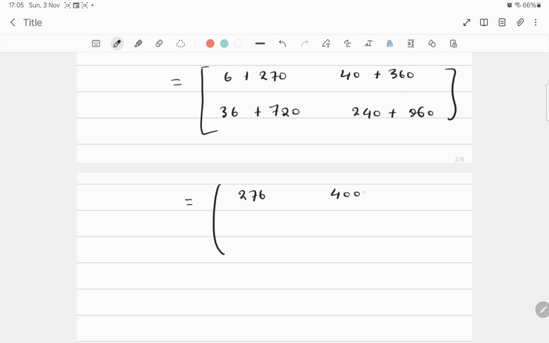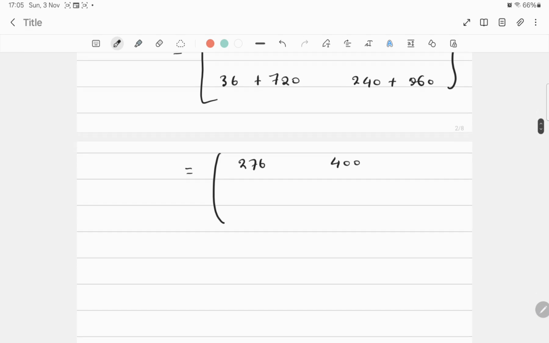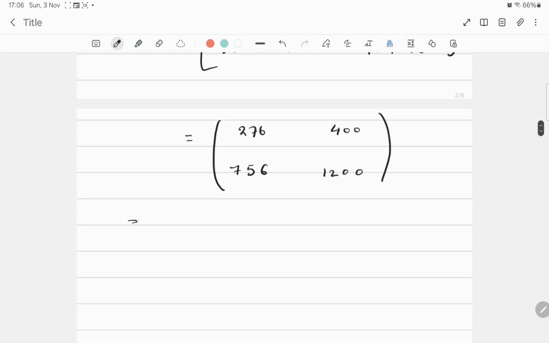That here is 400, 756, and here we have 960 plus 240, 1200. A times B is 276, 400, 756, 1200.